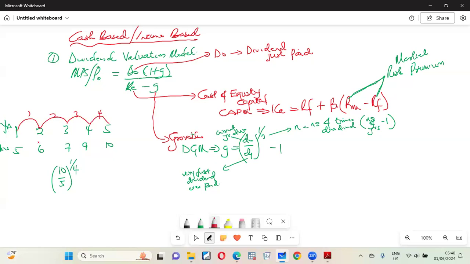All right, so basically that is that. Then you have minus 1. So can you compute this one and give me the growth? So that is how you find the growth using the dividend growth model. Can you give me the final answer of this one?